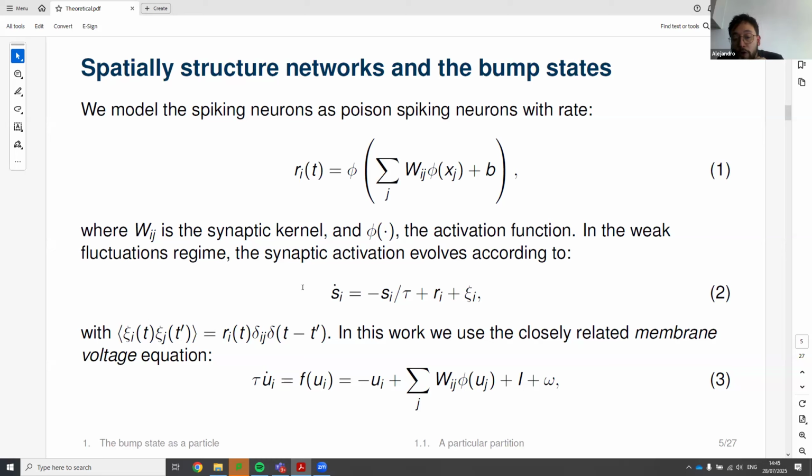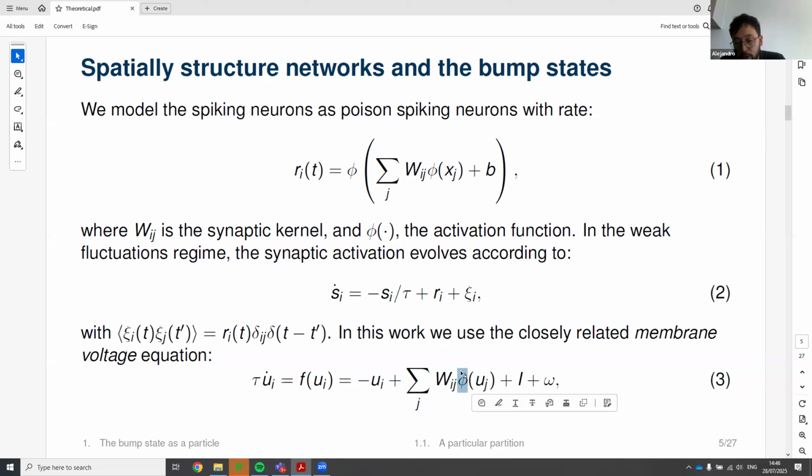So we are going to start from these mean field representations. In the following analysis, we're going to use actually the voltage version of these mean field representations, which essentially changes the nonlinearity and puts it on the inside. Sorry, this is wrong. This shouldn't be here.